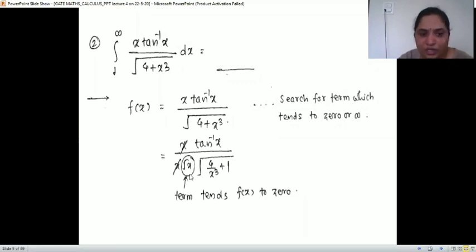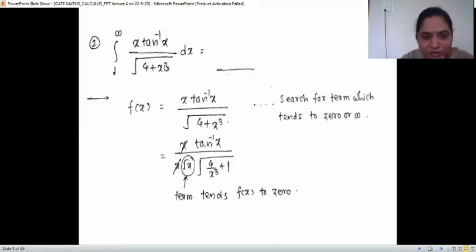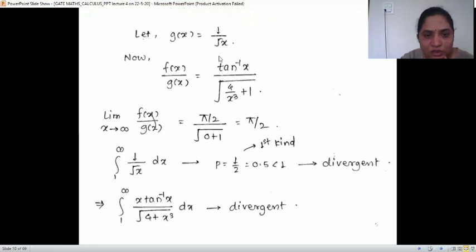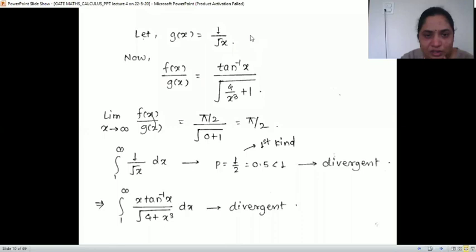That is 1 upon root x, so g of x is 1 upon root x. The next step is to consider f of x upon g of x. The x gets cancelled, and 1 by root x by 1 by root x gets cancelled, and what remains is tan inverse x upon root of 4 by x cube plus 1.